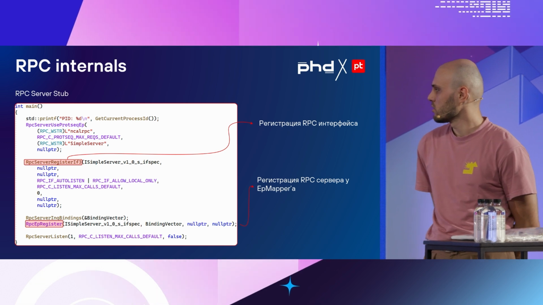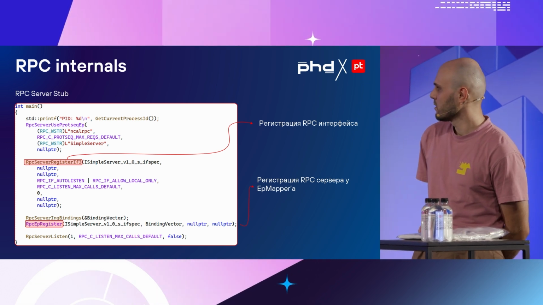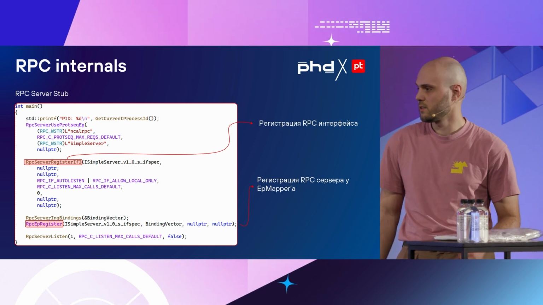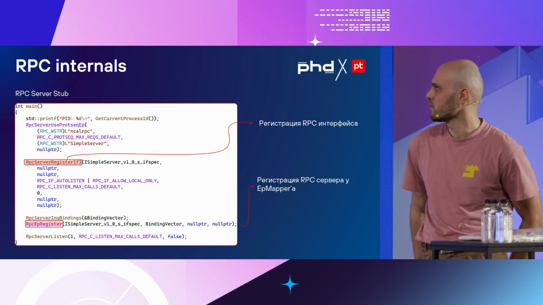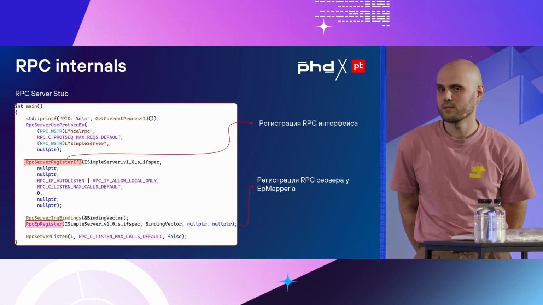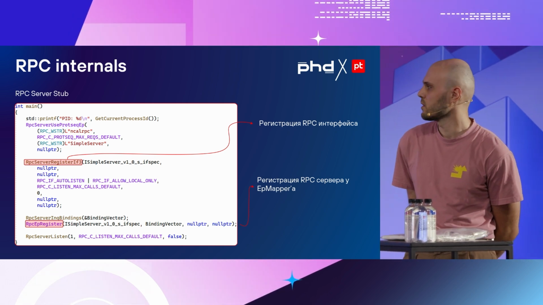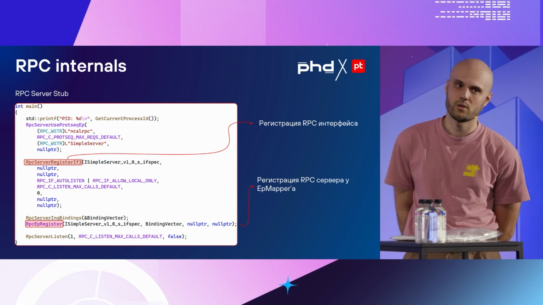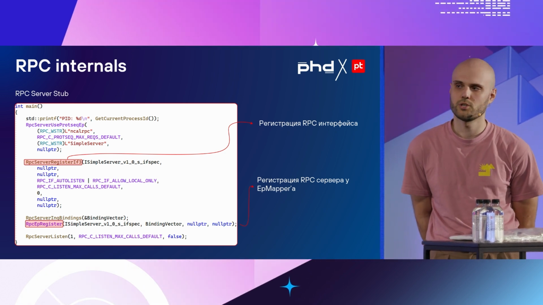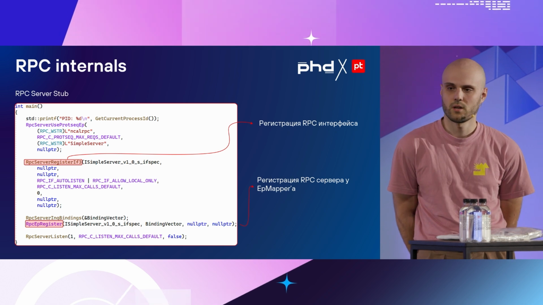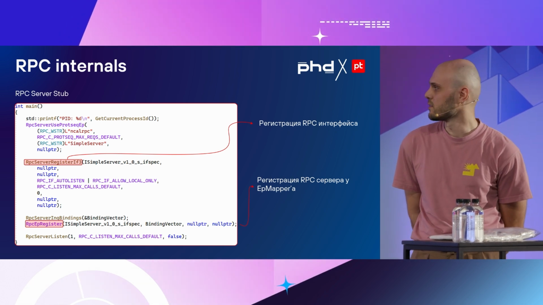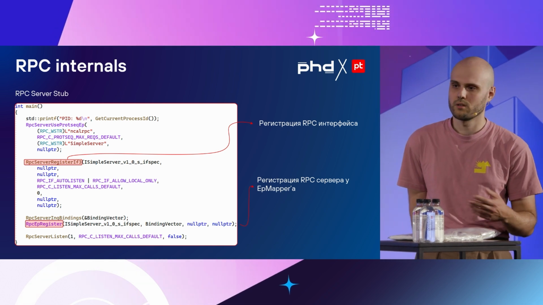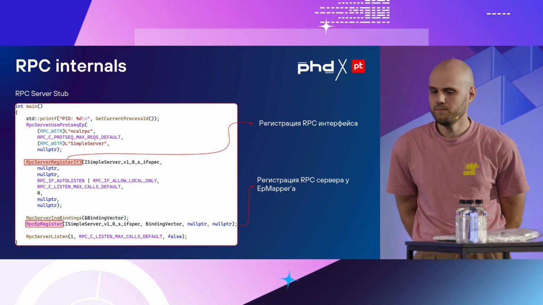We'll talk about it a little bit later, but for now, each interface that's registered with the server is stored in a global variable in the library. So some utilities that enumerate the running RPC servers just read that library and parse the structures that are there.